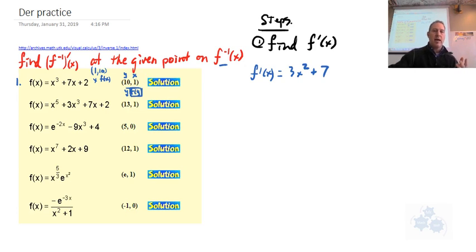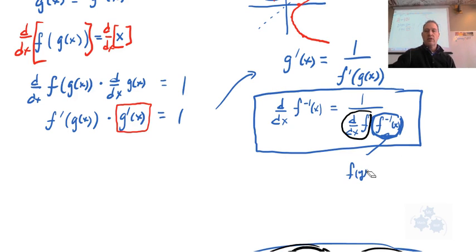All this to say, and sorry that's super small, you probably can't even see it, is that if you're given a point on the inverse function, you use the y value, the second value. That's going to be f of y, this value.